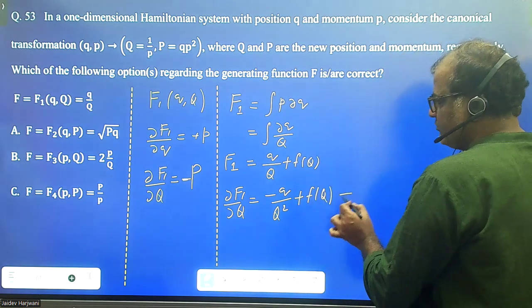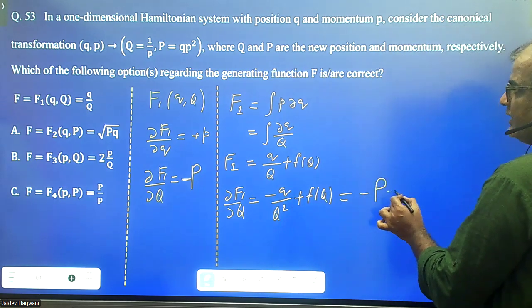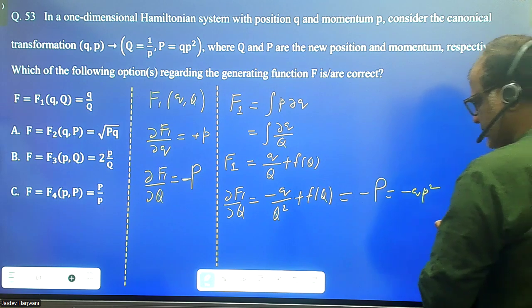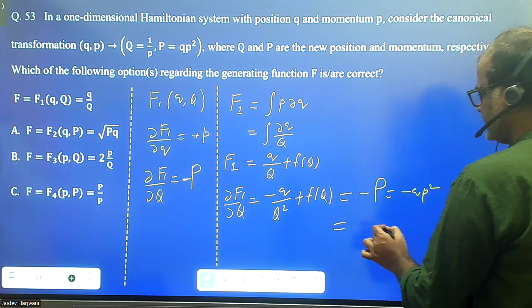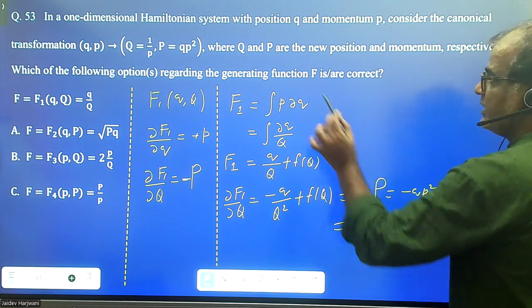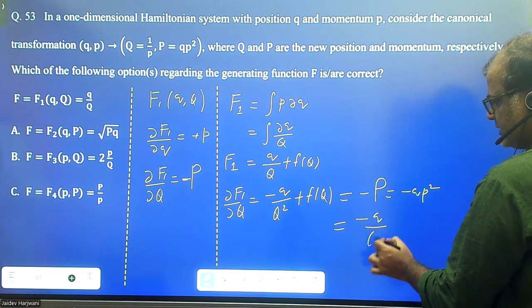Now this should be equal to minus capital P, and minus capital P is again small p square upon Q, which is 1 upon Q square.